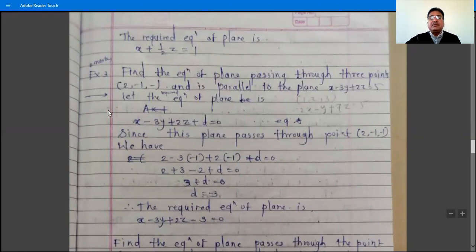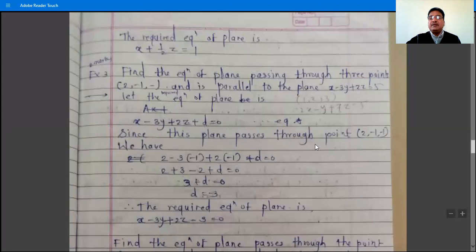So the first sentence is: let the required equation of plane be x minus 3y plus 2z plus d is equal to 0.